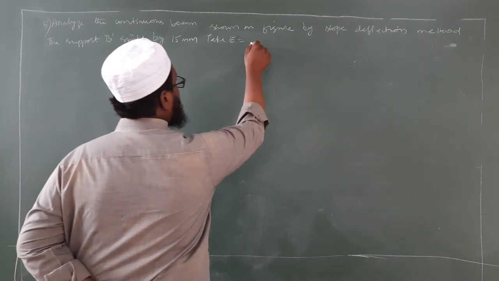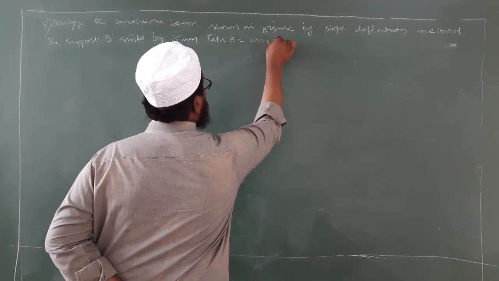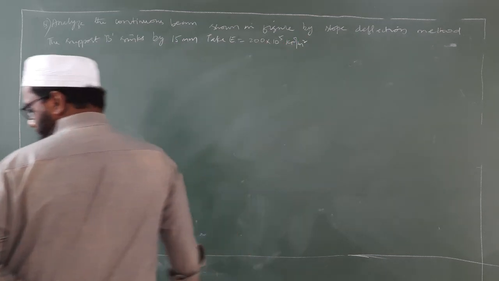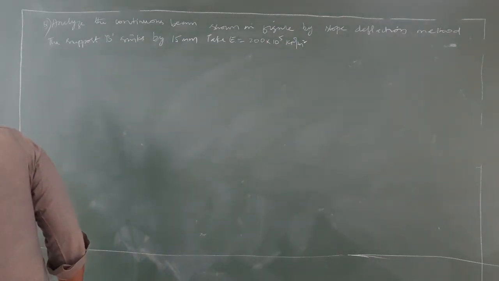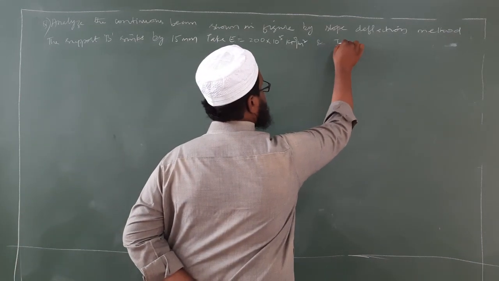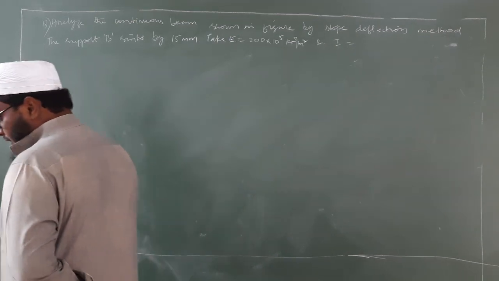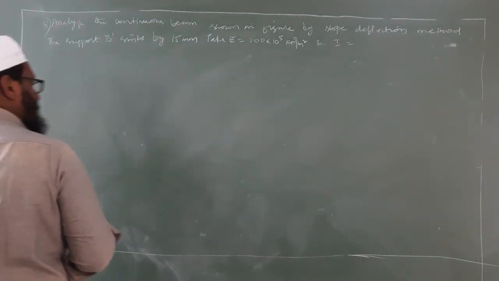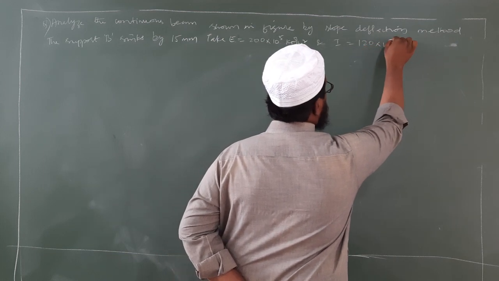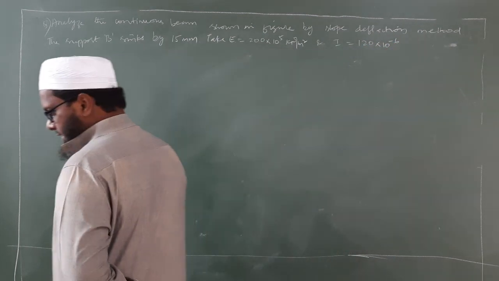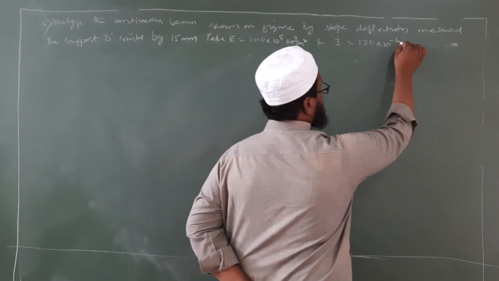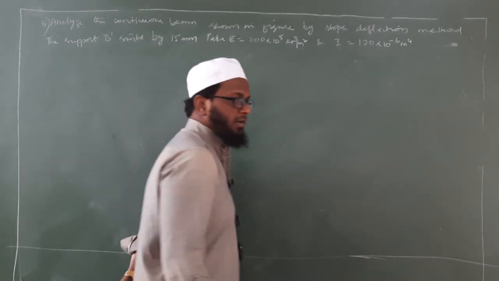E is equal to 200 into 10 power 5 kilonewton per meter square, and I is equal to 120 into 10 power minus 6 meter power 4.